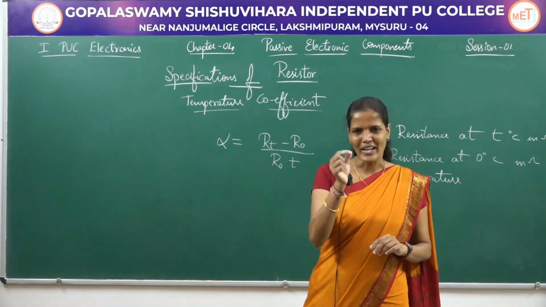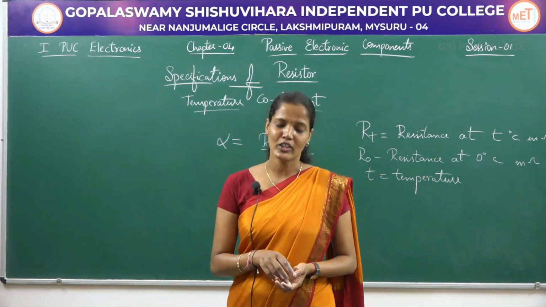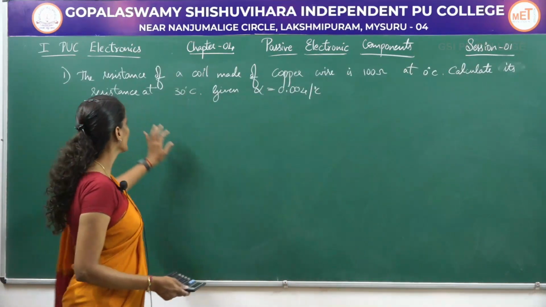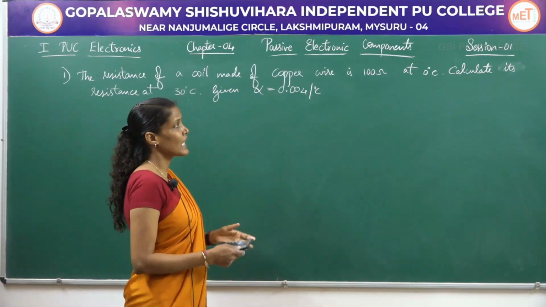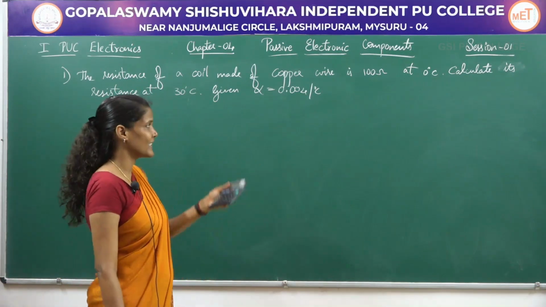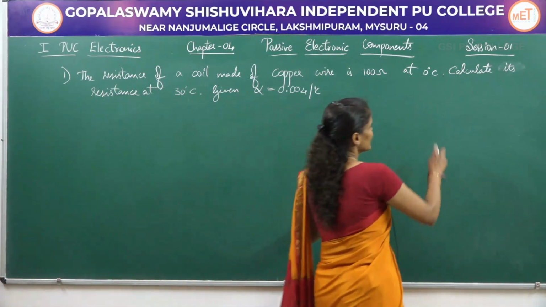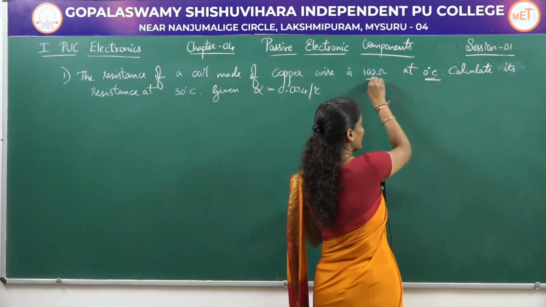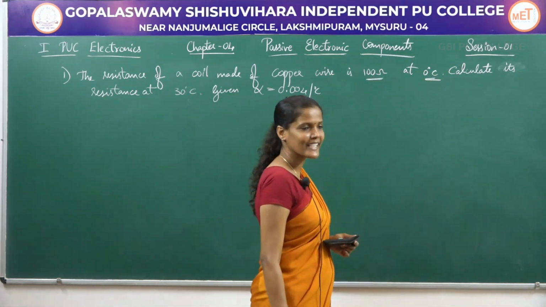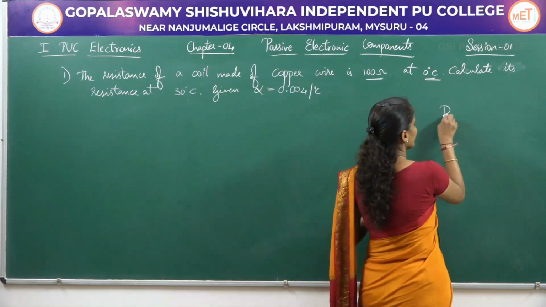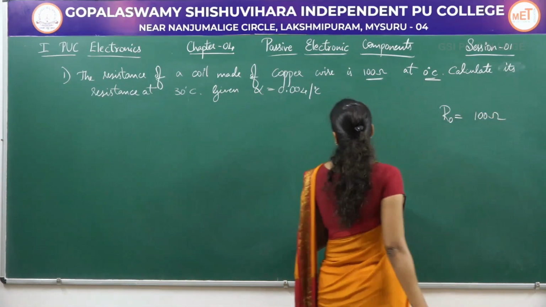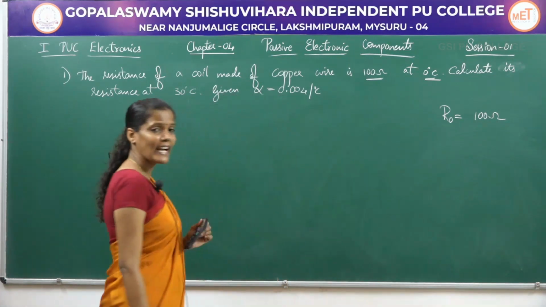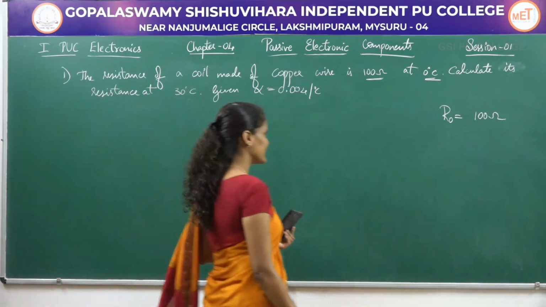Now let us solve one simple problem on this temperature coefficient. This is the problem given. The resistance of a coil made of copper wire is 100 ohm at 0 degree centigrade, or 0 degree Celsius. So at 0 degree the resistance of the resistor is 100 ohm, that is equal to R0, which is equal to 100 ohm. Calculate its resistance at 30 degree centigrade.